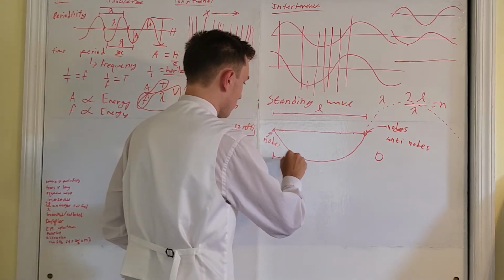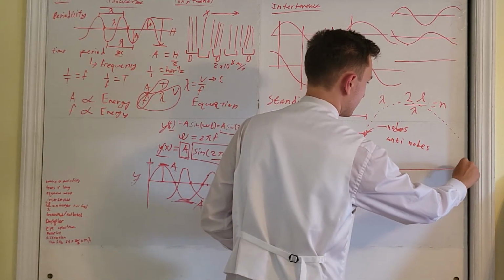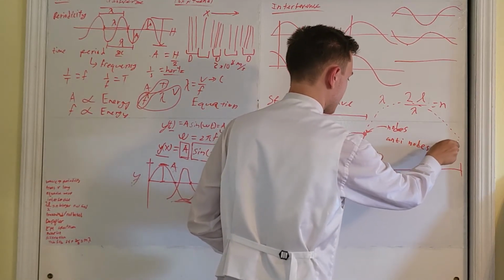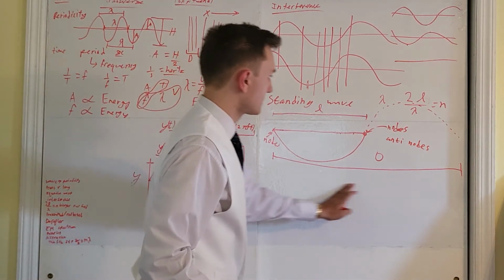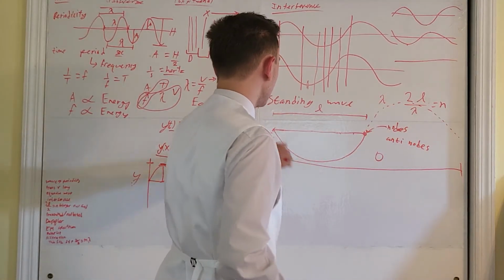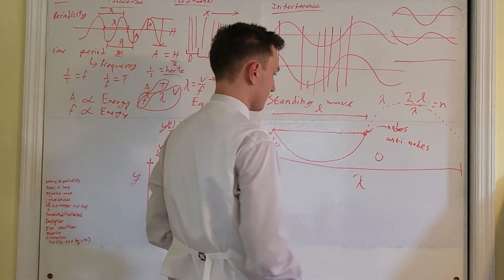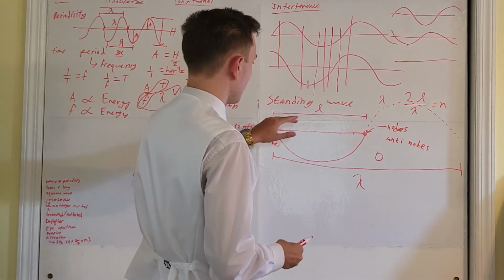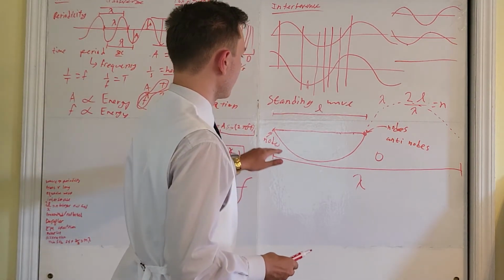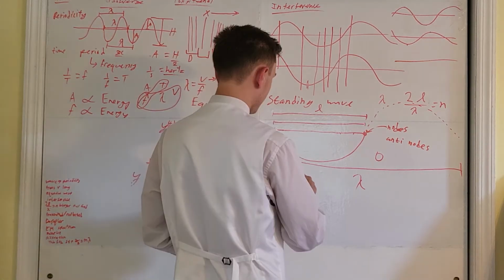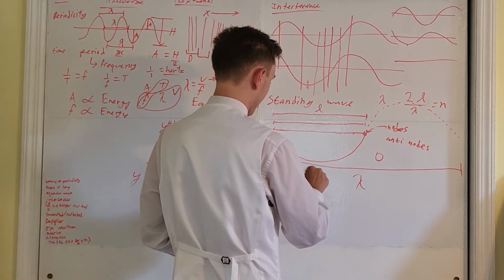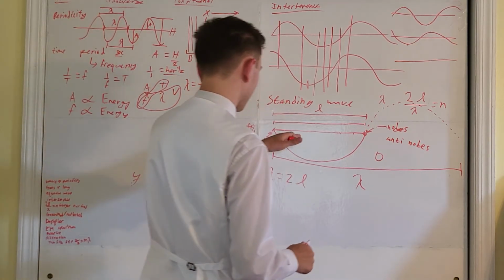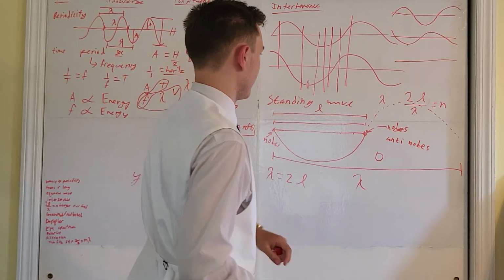So from one point to its opposite point in the period, this whole wavelength is our lambda, okay? So in this case, the longest wavelength we can have, the wavelength that produces 0 nodes, is 2L, a lambda that is twice the length of our little wire here, okay?